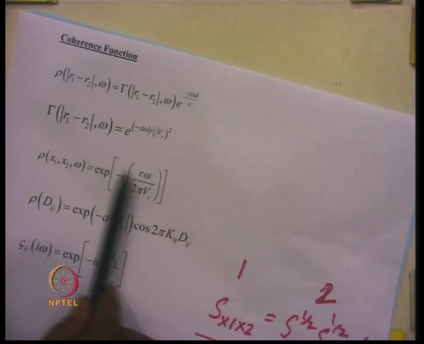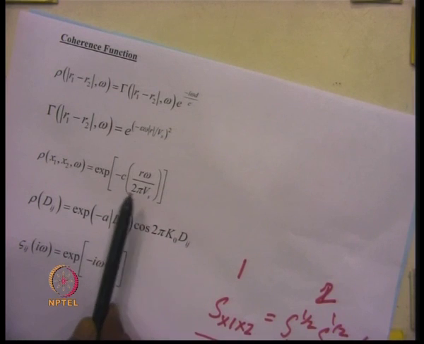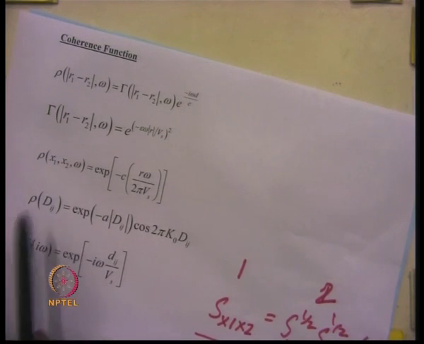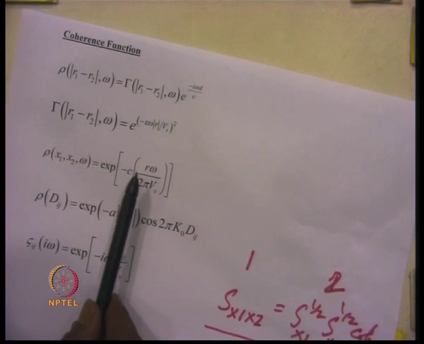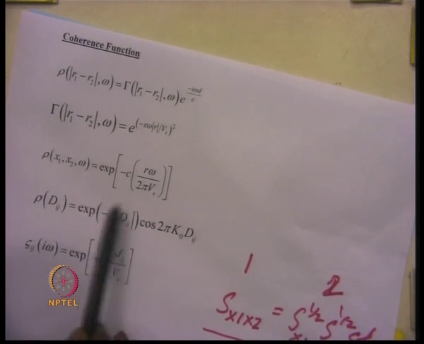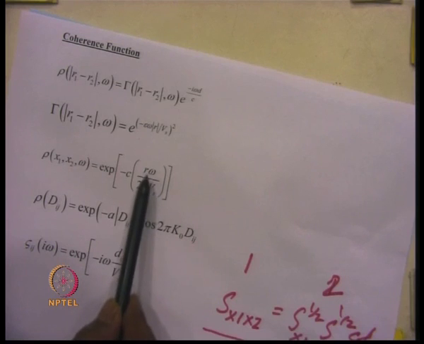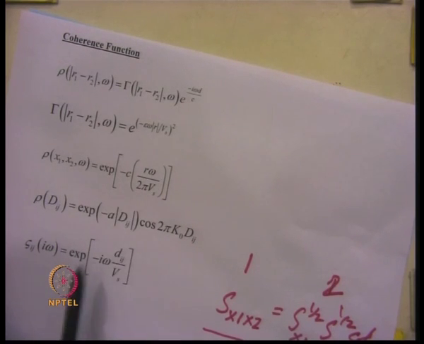This particular equation is a real quantity, it does not have any imaginary component, and provided we know the value of r, the distance between the points x1 and x2, one can easily obtain the coherence function only in terms of omega, because Vs and C will be specified, and Sx is also given as a function of omega.